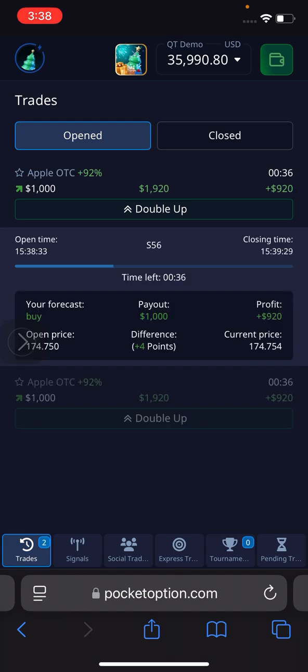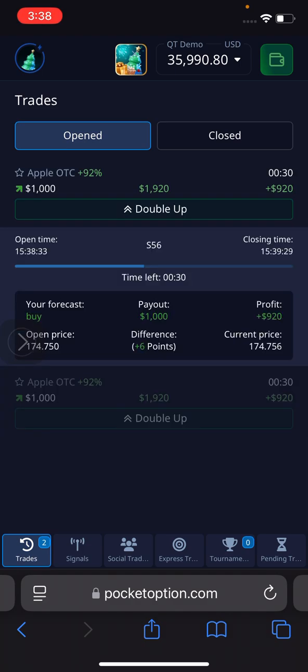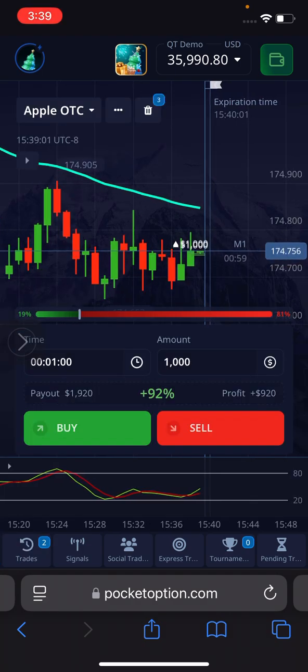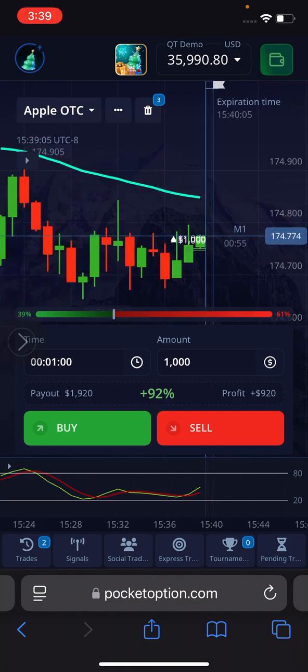Because it's not like they're giving you the same strike price, which is the entry point. They're giving you a similar one, but yeah, I'll save that for another video.